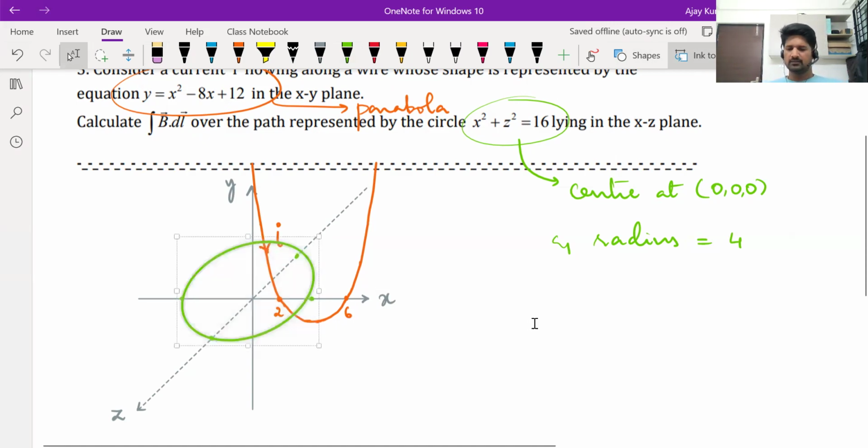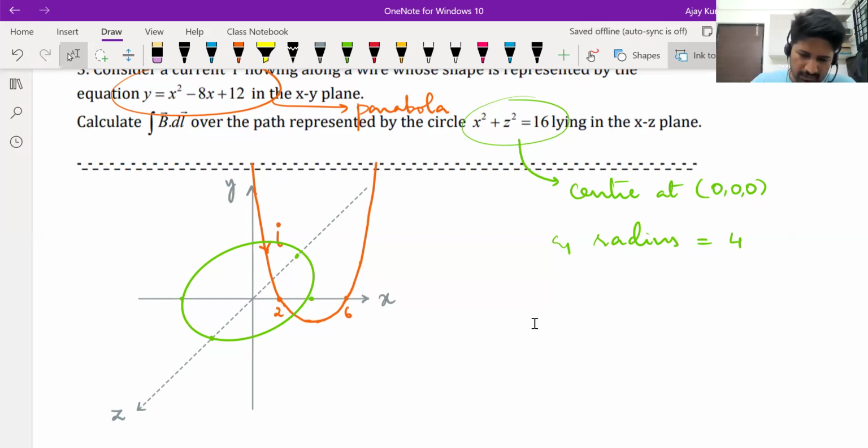Right. So this circle is in the xz plane, right? The horizontal plane. Current is flowing this way. Let me just make the diagram clear. Right, now it's fine. Okay, y-axis. It'll be like this.